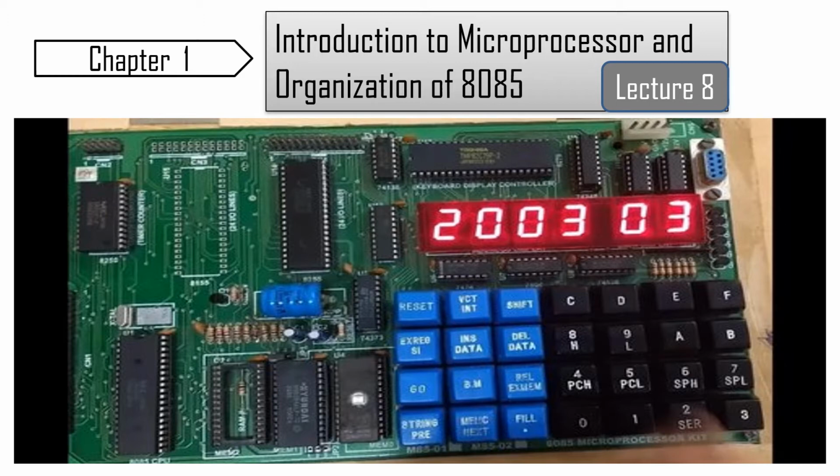Then we have seen the block diagram of a microcomputer and explanation of each block. Then the simple block diagram of ALU, that is arithmetic logic unit. In the last lecture we have seen the programming model of 8085.